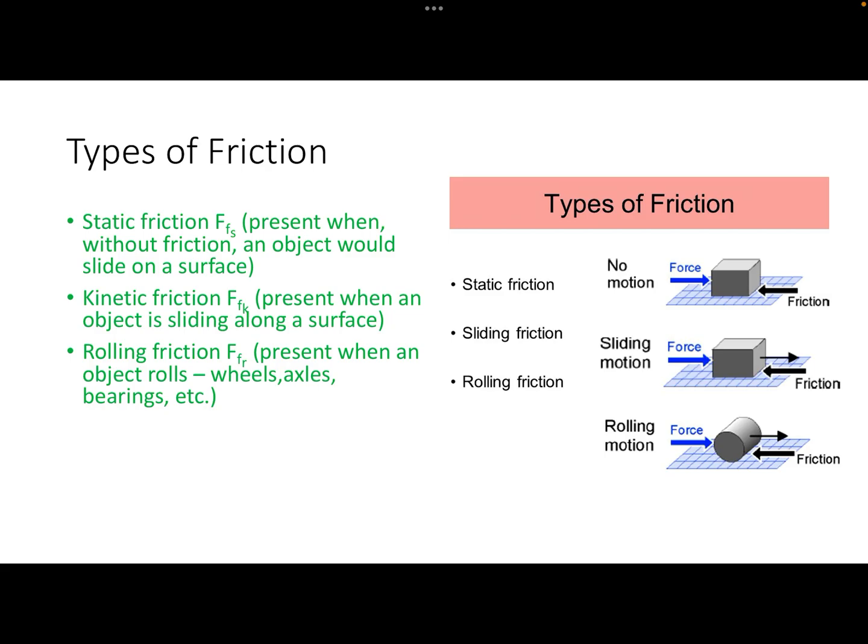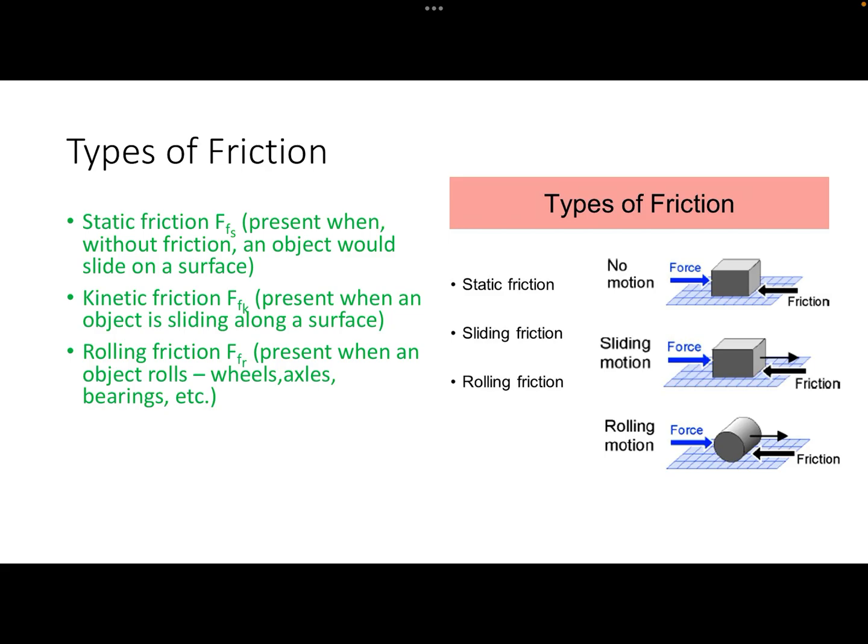For all three of these types of friction that we're going to investigate, the nature of the surfaces matters. We figured that out when we did the friction investigation. And then when we did the model of friction activity, you all saw that there was a linear relationship between the normal force and the force of friction acting on an object.